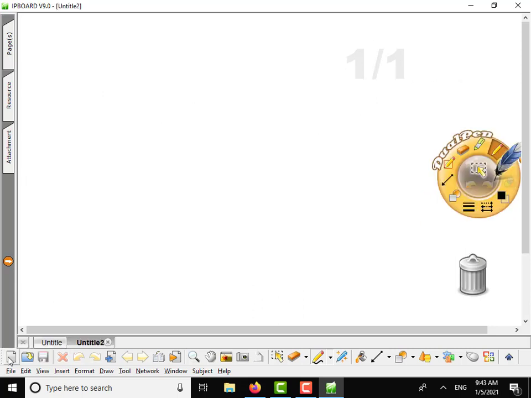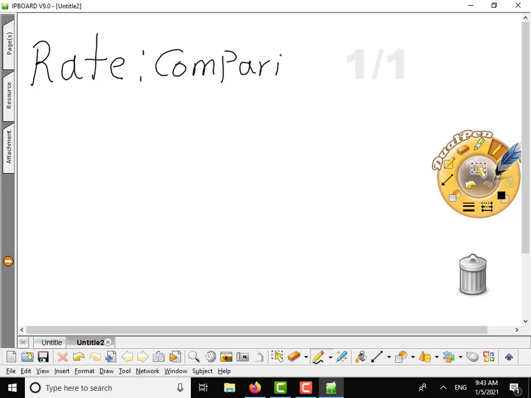Okay, so again, let's write the definition of rate. The definition of rate is a comparison between two quantities of different units.